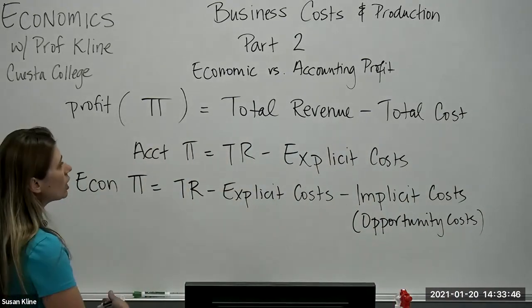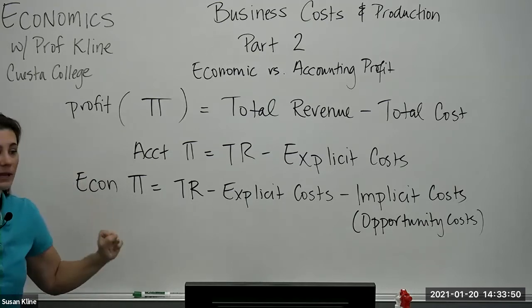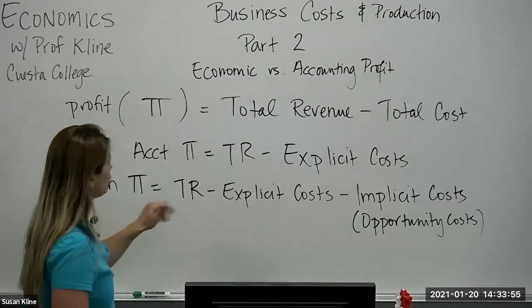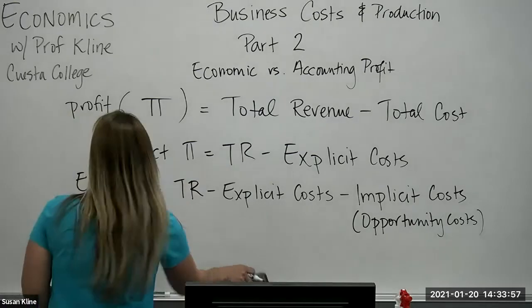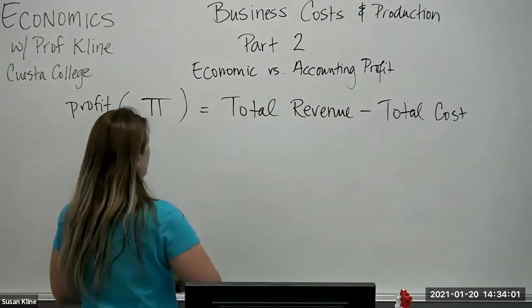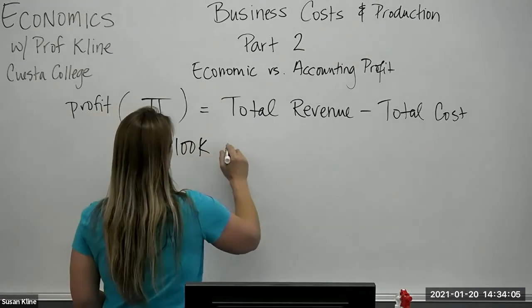Let's say that you were a librarian and you decided to start making cookies, right? So you own a bakery now and you start making cookies. All right. Well, the accountant says, how much did you make in revenue, right? And let's say you brought in $100,000 in revenue.